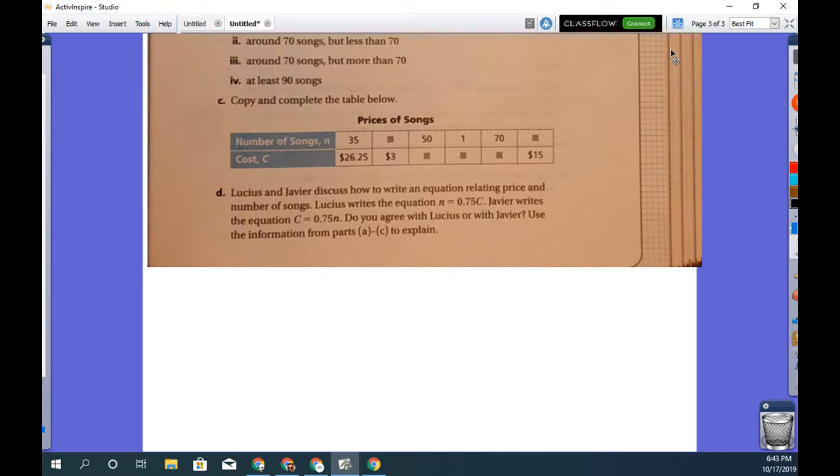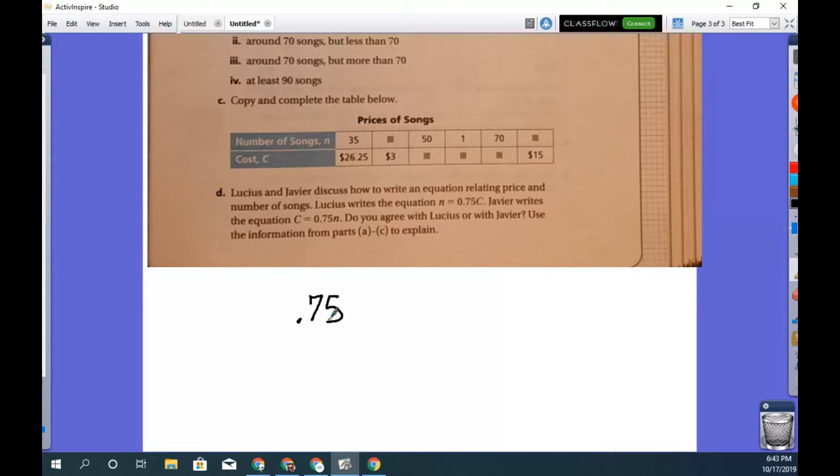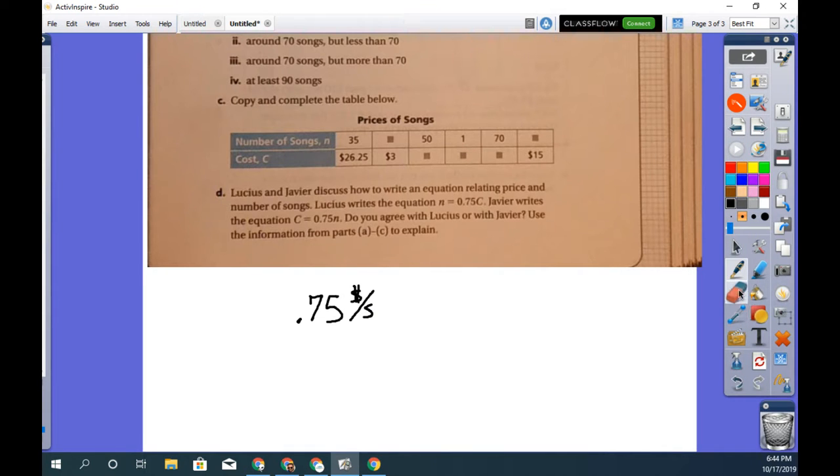We, of course, are going to agree with Javier. Javier is taking the price per song and multiplying it times the number of songs in order to find the total cost. Because 75 cents, if you remember from our previous calculations, related to the price per song. Actually, let's use the variables that they're using in the equation.